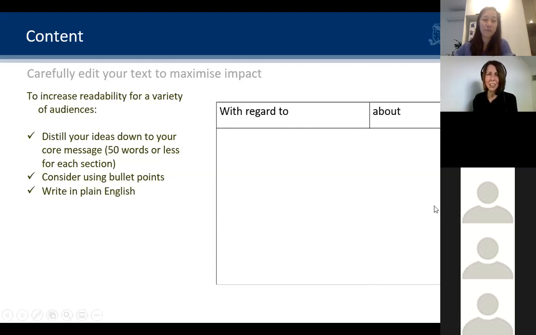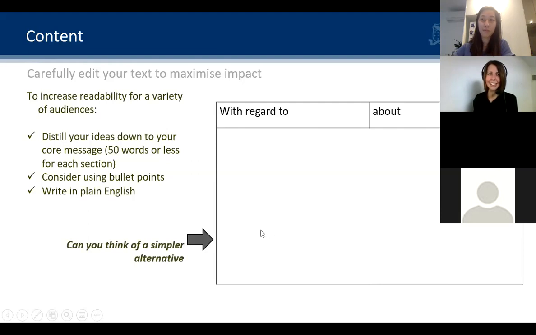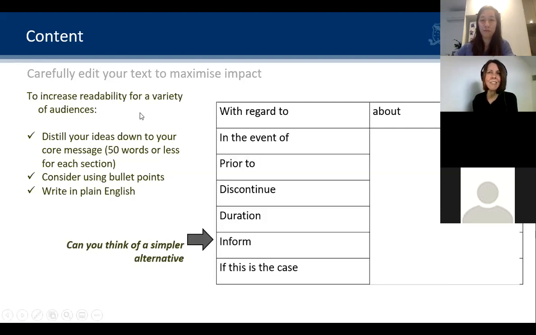Let's try some others. We're going to try this in the chat if we can. Can you think of some simpler alternatives for "in the event of"? Really quickly in the chat. We're going to do this as a quick fire round. "If", something like that. Yeah. All right, this is going to be super quick, guys. "Prior to": before. Nice.